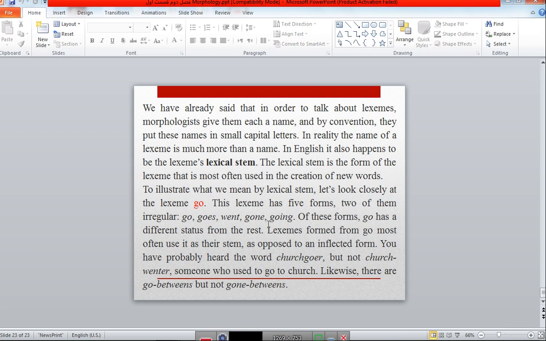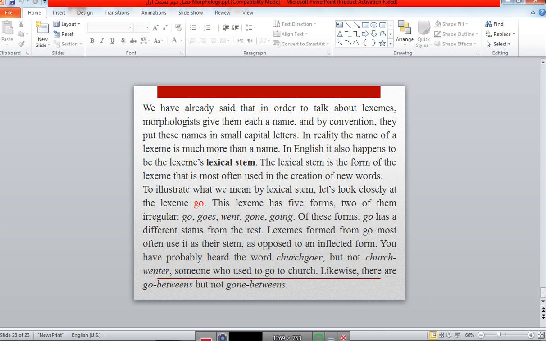Words formed from GO must often use it as their stem as opposed to an inflected form. You have probably heard the word churchgoer, you see here, but we do not have church-wenter. Okay, this is ungrammatical. Someone who used to go to church.